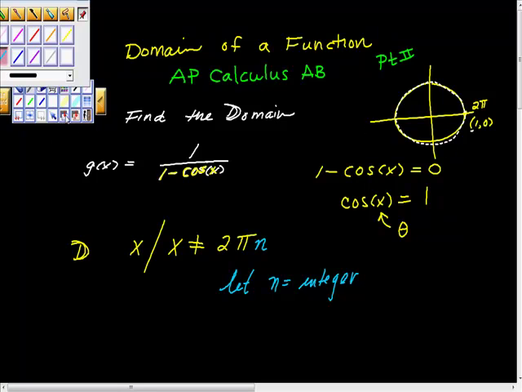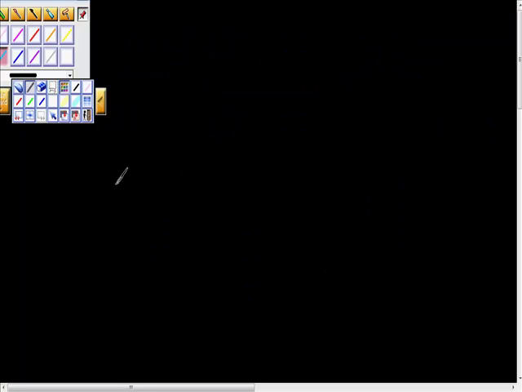The next example is an even better example of that because it gets a little more complicated. The question is, what is the domain, again, of this function, let it be h of x, equal to 1 over sine x minus 1/2.